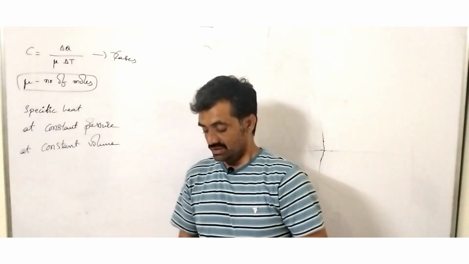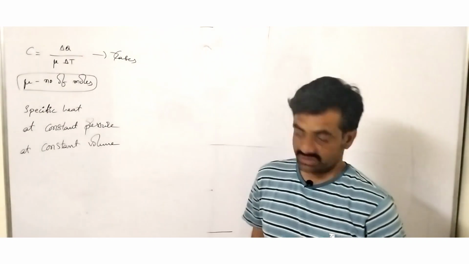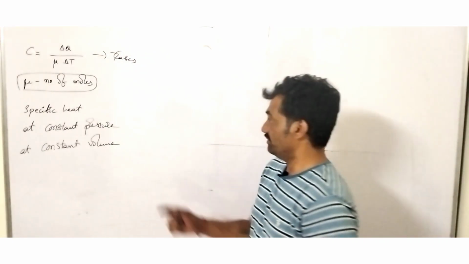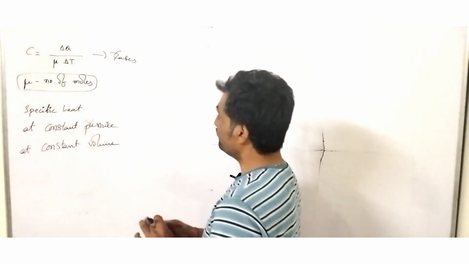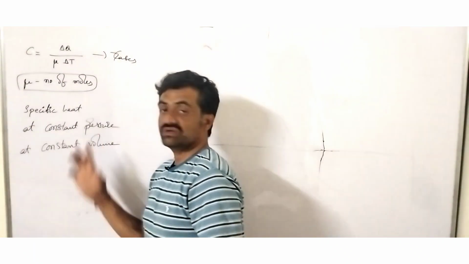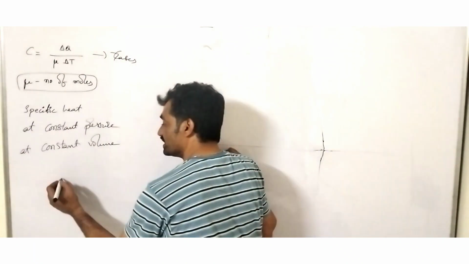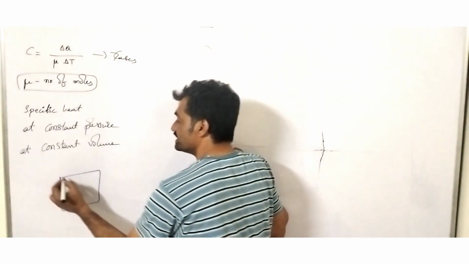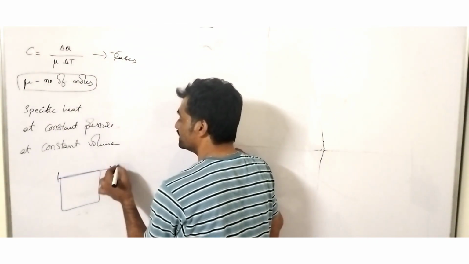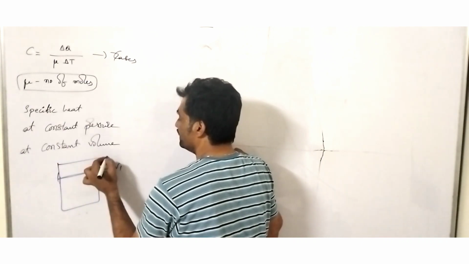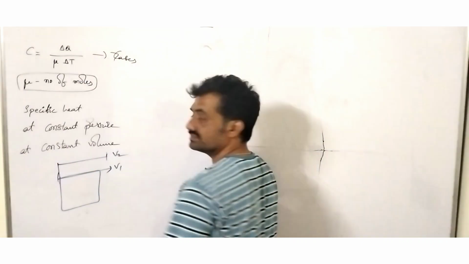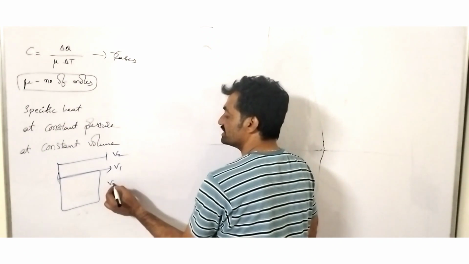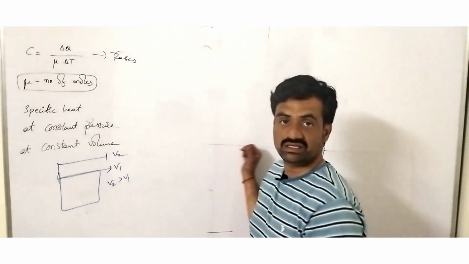So now when we consider these two conditions in the case of gases by considering number of moles, take the specific heat at constant pressure. Observe that the pressure is kept constant whereas the volume of the body has changed. Let us consider the initial volume of the system is V1 whereas the final volume is V2, with V2 greater than V1.